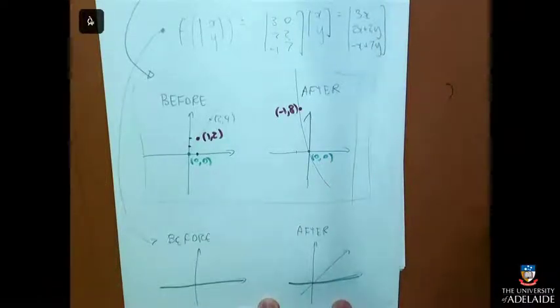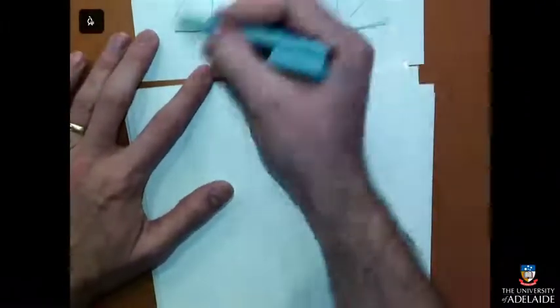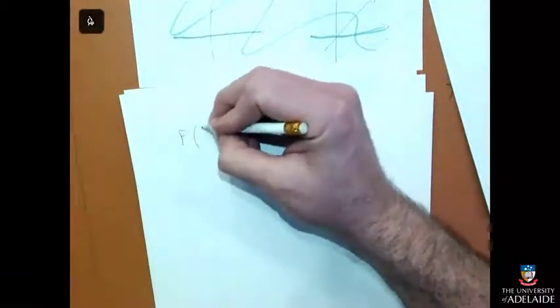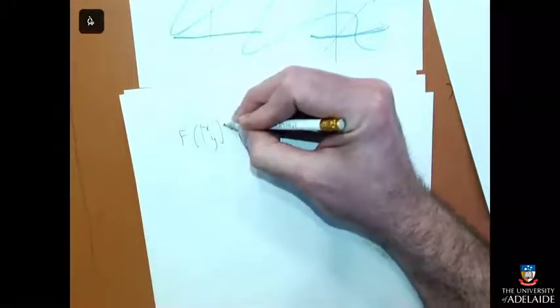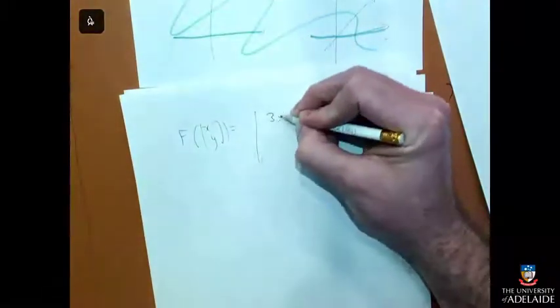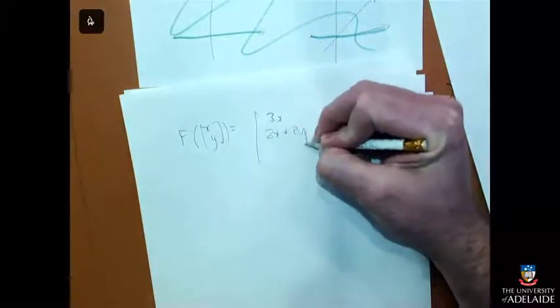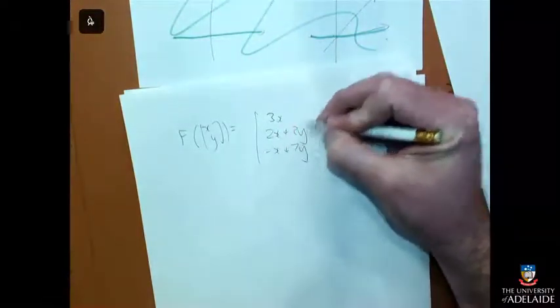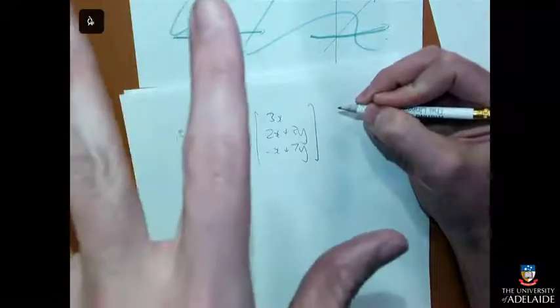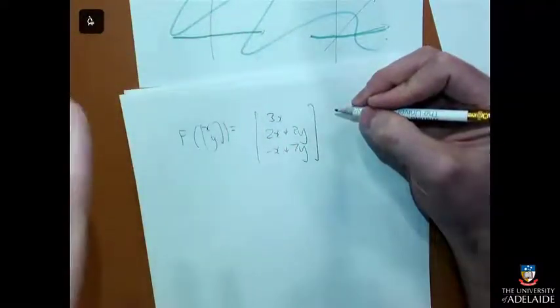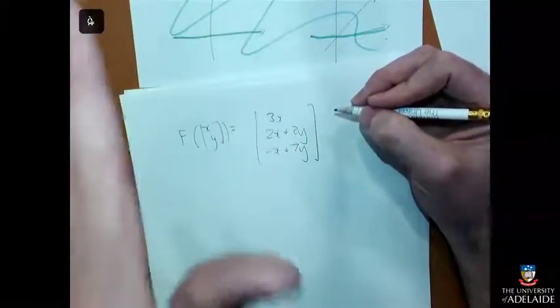I'm going to get something else entirely. Ooh, that's fun. F of xy came out to 3x, 2x plus 2y, minus x plus 7y. So please don't take everything I'm doing here as ways to do exam questions. I'm just figuring out how the ideas fit together at the moment, okay?